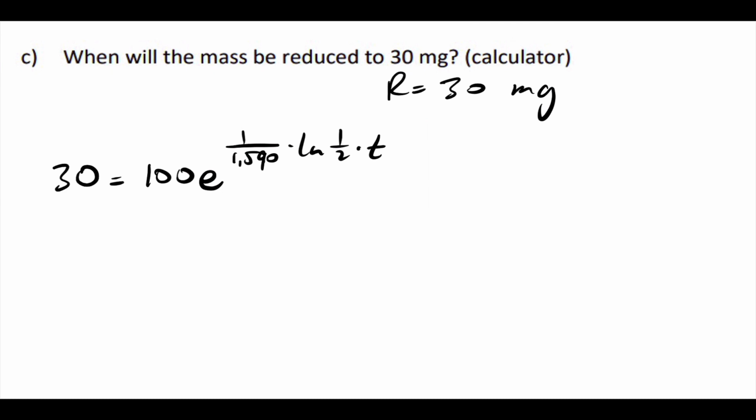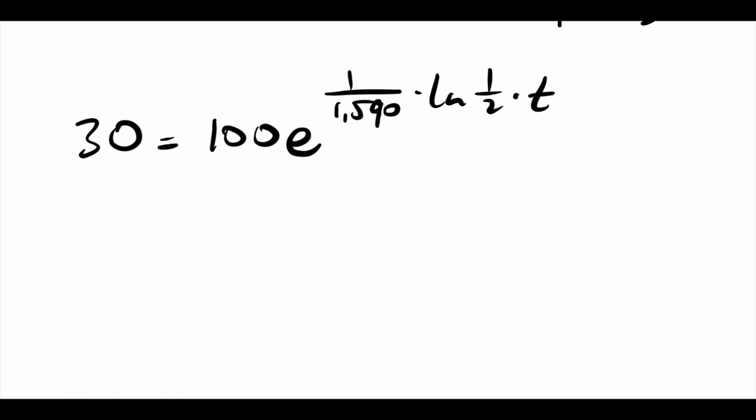Again, this part right here has nothing to do with calculus. This is not a calculus question here. Solving for a letter, that's algebra. Math 1, Math 2, Math 3 type stuff. Okay, I'm just trying to isolate T. That's all I'm trying to do. So if I'm trying to do this, what do I have to do first? If I'm trying to isolate T, get T by itself, what do I do first?